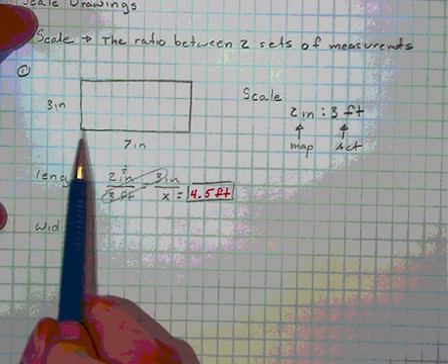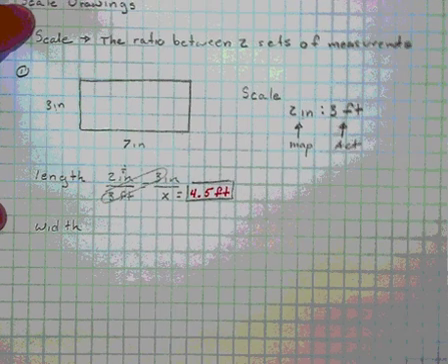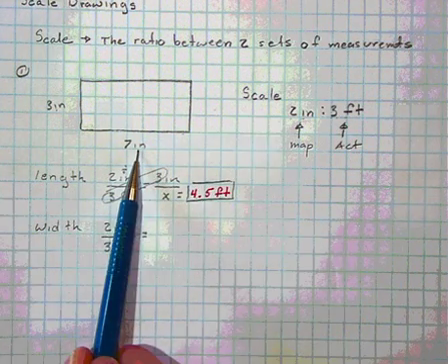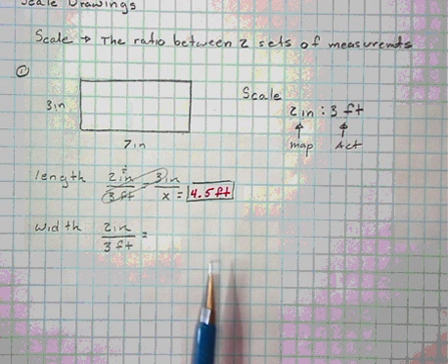To find the actual distance of our width, I'm going to first use our scale, map distance over actual distance. The width is 7 inches. So is it going to go on the top or is it going to go on the bottom? It's going to go on the top. This is my map distance.